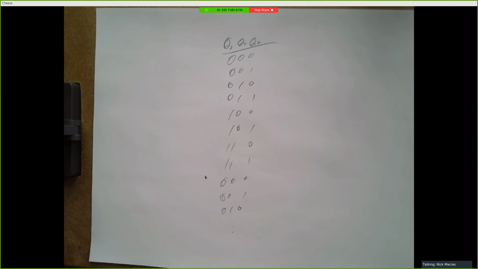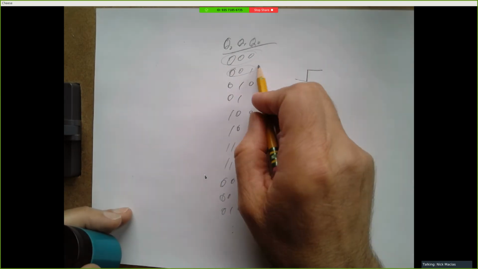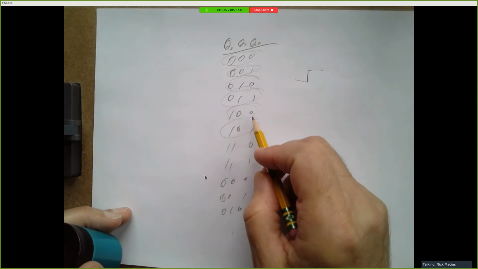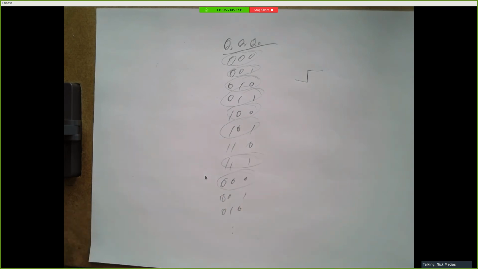And each time the clock ticks, the outputs will change to what we would see as the next binary value, 0, 1, 2, 3, 4, 5, 6, 7, and then rolling back over to 0.